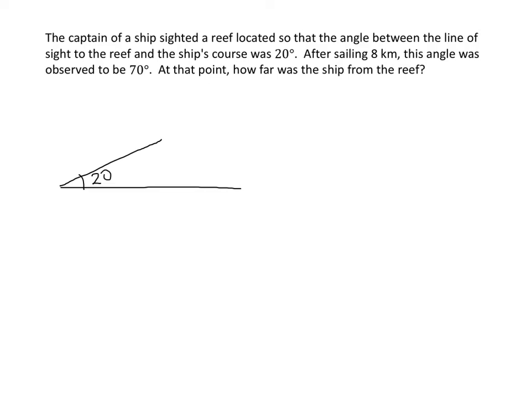Now the ship is actually going to move 8 kilometers, and when it does, the line of sight is now going to become 70 degrees. So the first thing that we need to do is calculate the supplement in order to find the inside angle of that triangle. The supplement of this is 110 degrees.